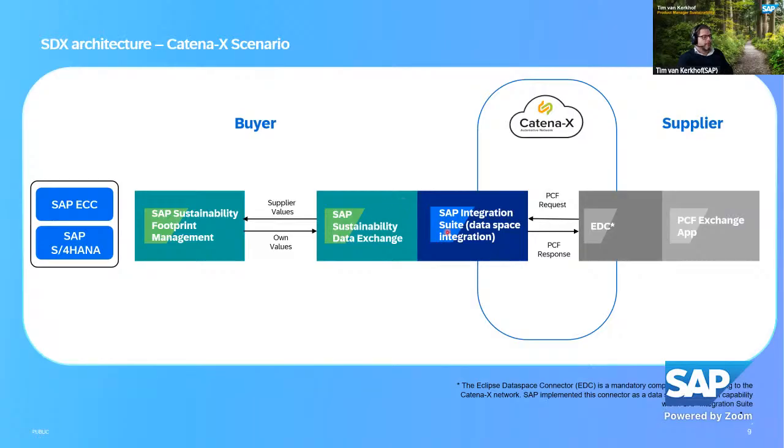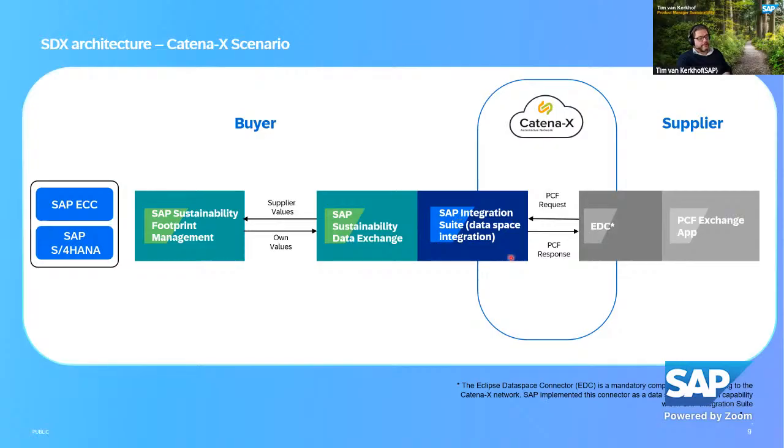But in order to do so, you need to have an EDC connector. And the EDC connector that SAP has is the data space integration solution, the SAP DSI. This one acts as the doorway and negotiates the communication for each communication, both for requesting and receiving requests, and also for issuing data and receiving data.